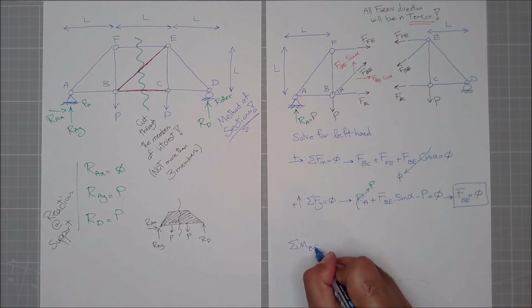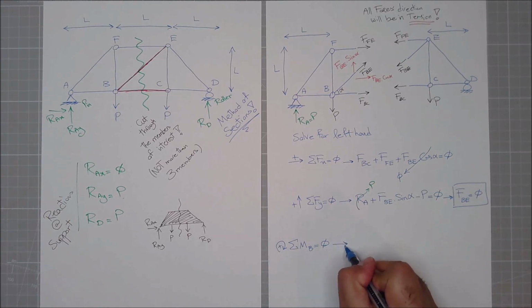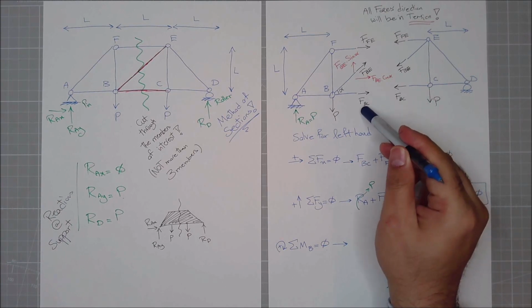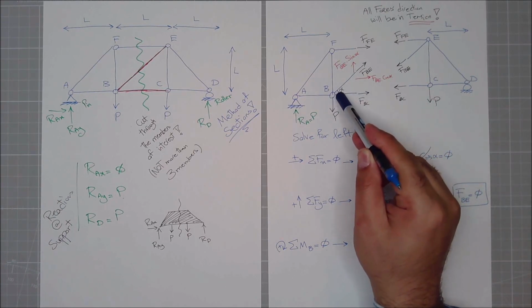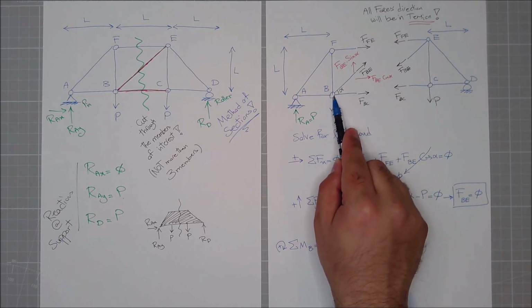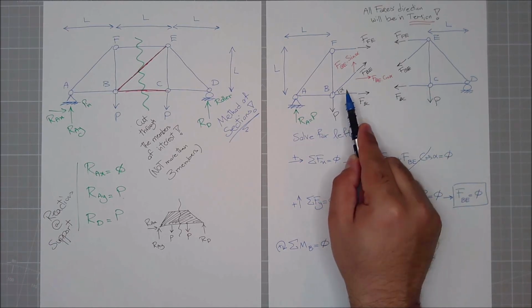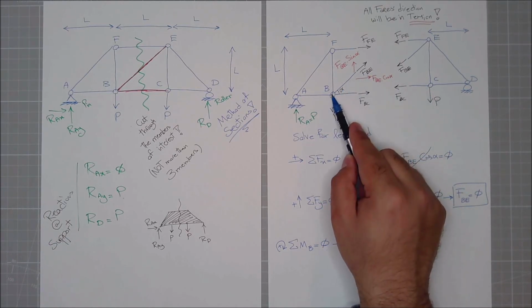Let's do summation of all moments along point B, and this is the positive direction. Again, remember, this force is actually coming from here, so although I have drawn it with a distance, this distance is nothing. This force is along the entire member, so it's actually coming out of here, and this force is coming out of here.